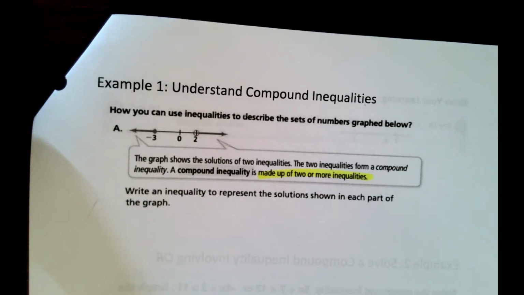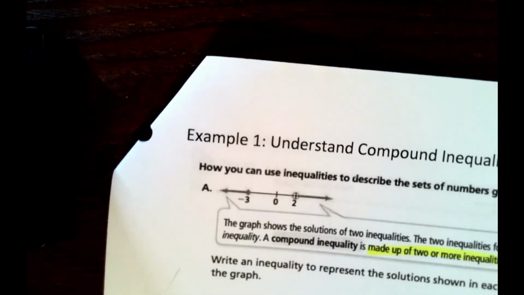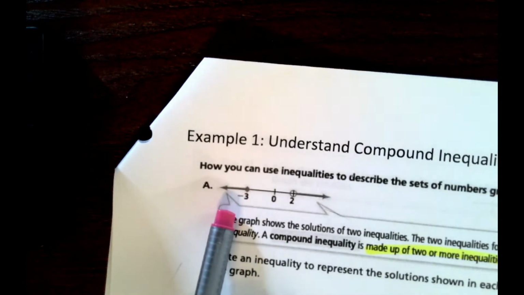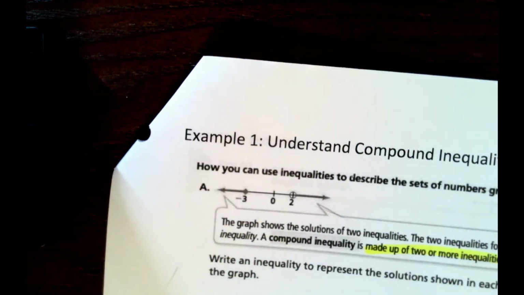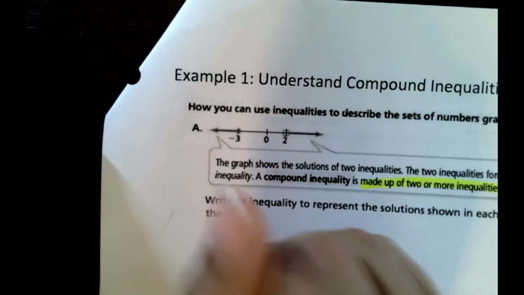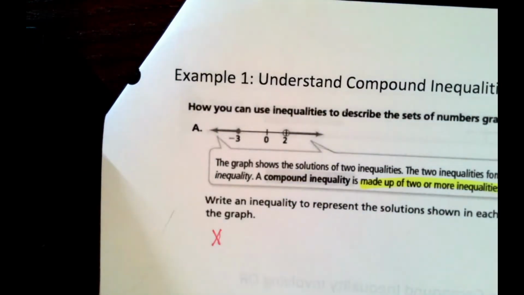So look at this first one here. We know that all of these numbers this way are going to be less than -3. So whenever we're solving something, we know that we're going to have an x, which are all the numbers that the arrow is touching as it goes on. And we know that we're going to have a -3, which is what the dot is, whether it be open or closed.